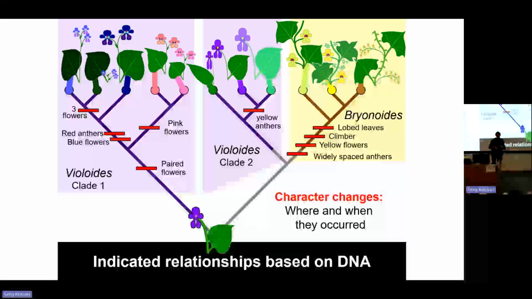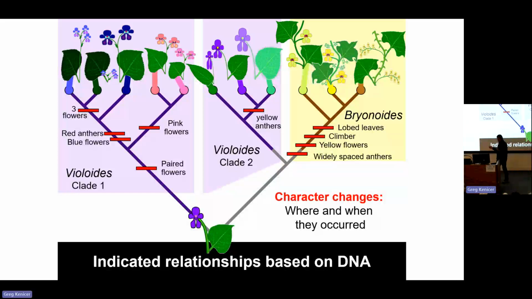And actually, I've been involved in work on the entire nettle family, Urticaceae, where we first built a giant phylogeny for the whole family, and then we were able to map morphological characters onto it, determine which ones changed only once and which ones changed multiple times, and therefore understand which morphological characters are better for classification. But doing it here, what you notice is there's lots and lots of changes there.